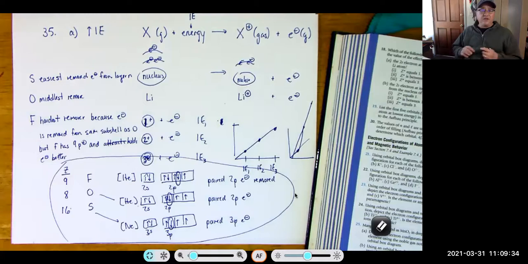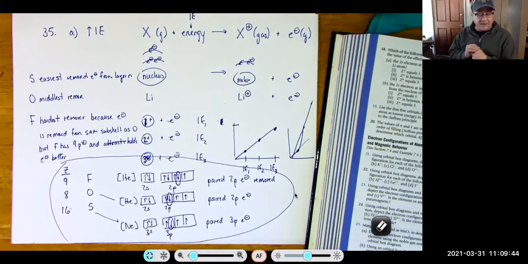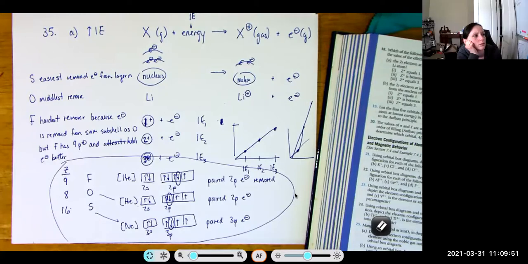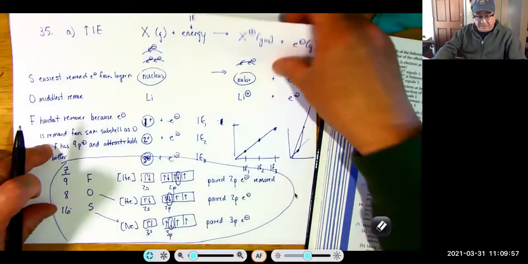So, starting with the shell first, that's the first thing. But normally you go to paired versus unpaired next, and then you go to the nucleus. We may run into an example like that with B or C.